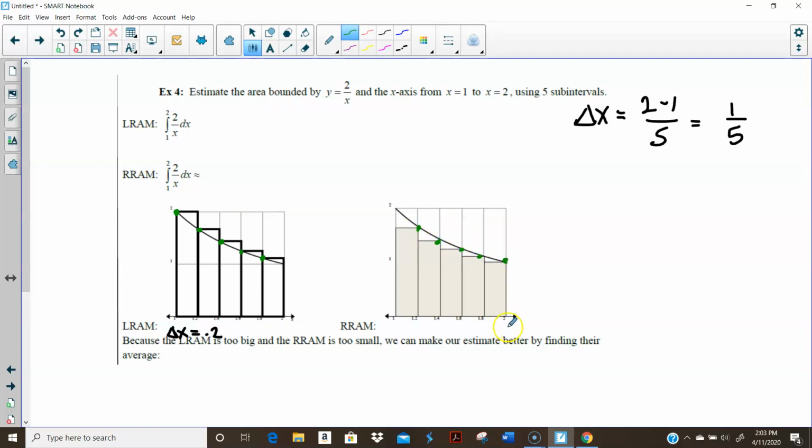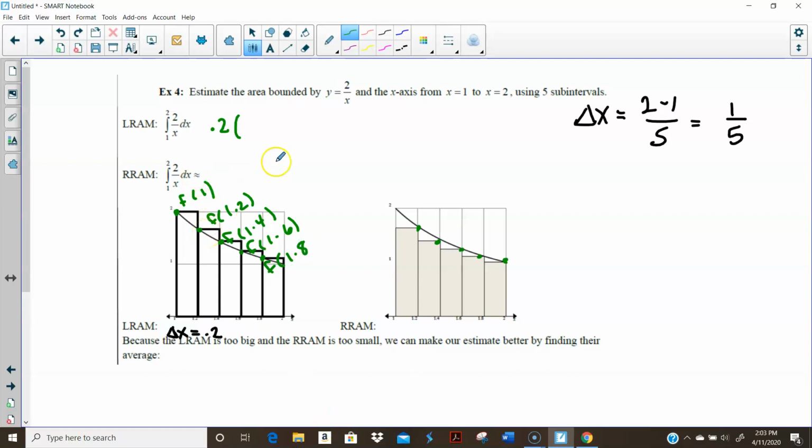So Riemann sum will use length times width. Since the width is 0.2 on the left side, we can do 0.2 times, and then here you're going to find f of 1, and then you'll find f of 1.2, f of 1.4, f of 1.6, and this last one, f of 1.8.